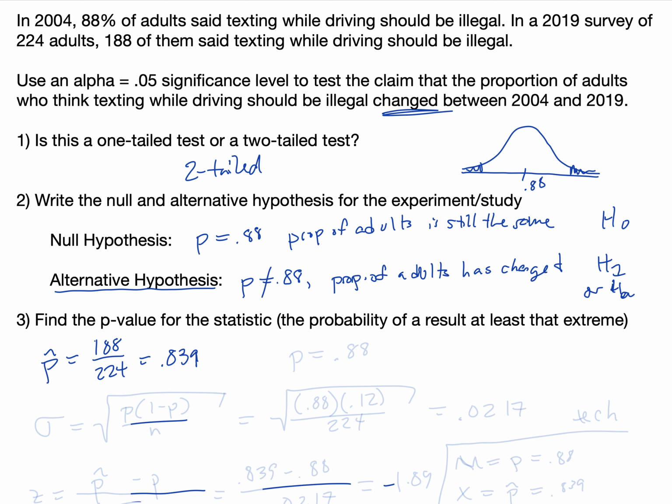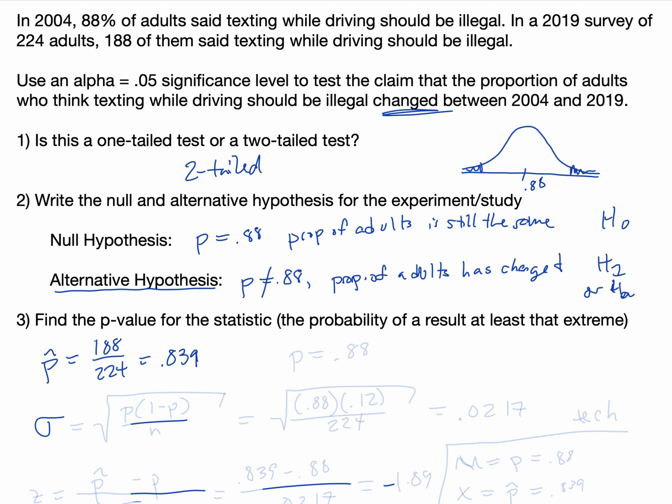And so now we're looking for, all right, assuming that the true proportion is still 0.88, what is the probability of observing a result of at least this extreme of 0.839 or less in a survey of 224 adults? And we're comparing that to alpha, the level of significance. Okay, so what is that probability?